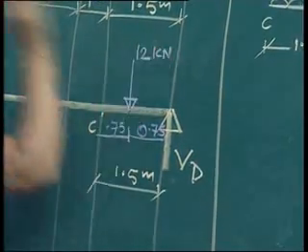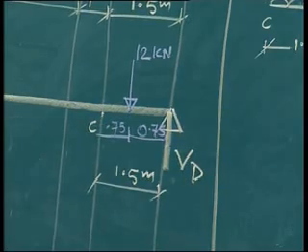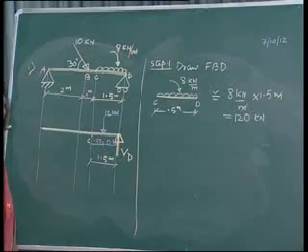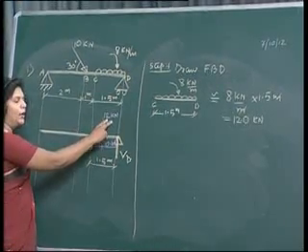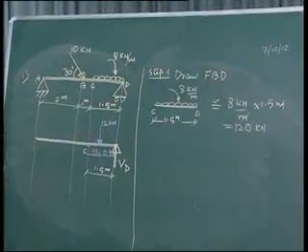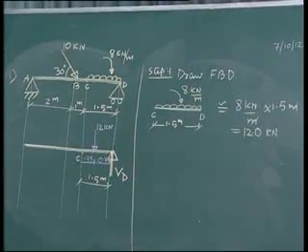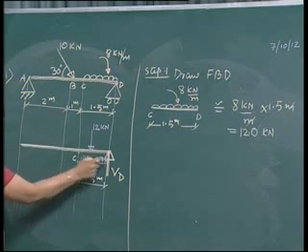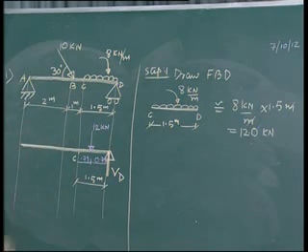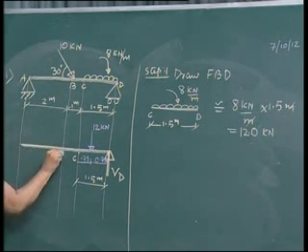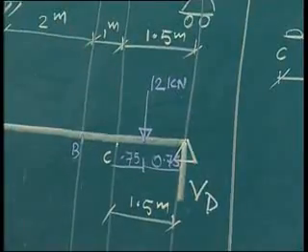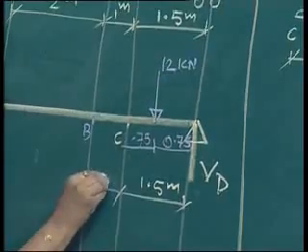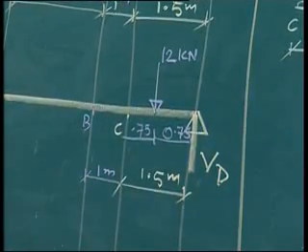So we have converted our UDL of 8 kilonewton per meter into a concentrated load of 12 kilonewtons, and a concentrated load always acts at the center. Then we come to the second point, our point B. The distance between points B and C is 1 meter. So we write it as 1 meter.